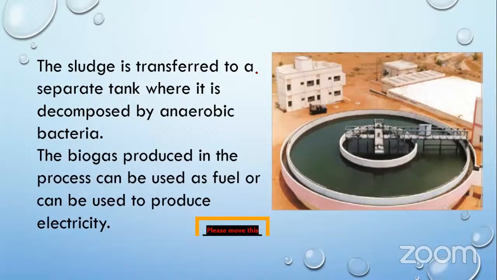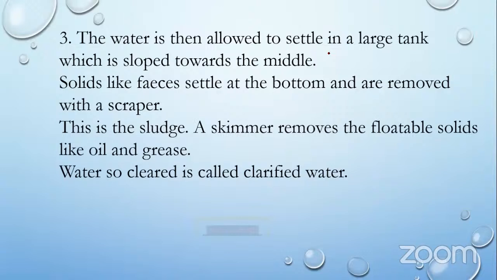See here, a large tank is in water. Water is flown to this type of tank. These tanks will have a slope in the center, sloping towards the middle. Solids like feces settle at the bottom and are removed with a scraper.